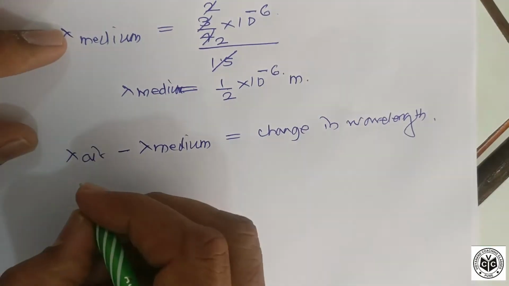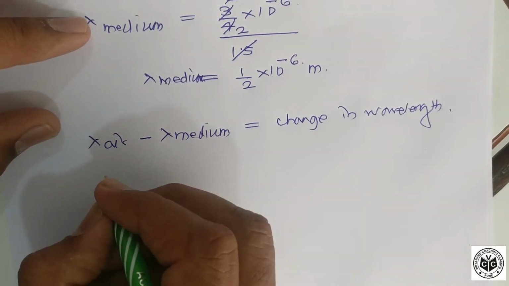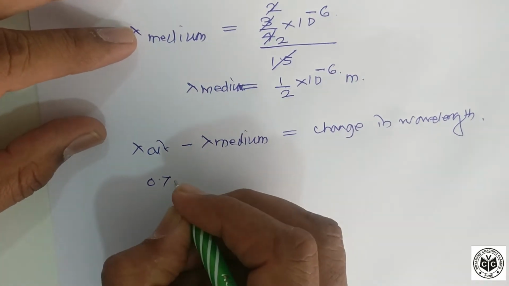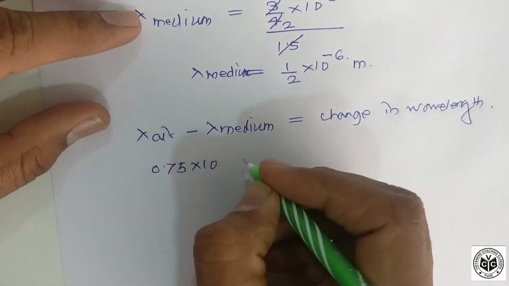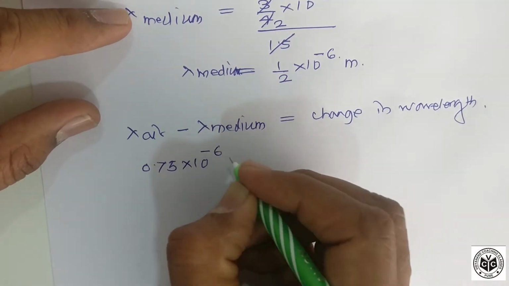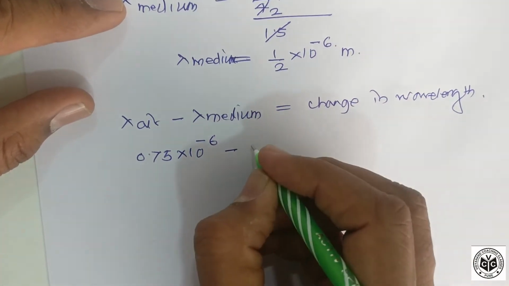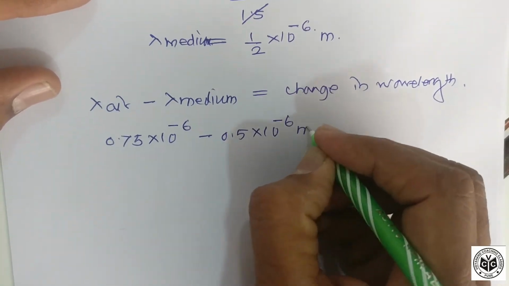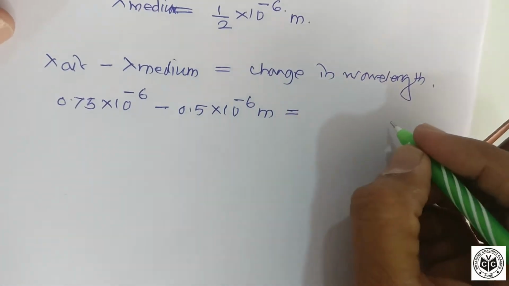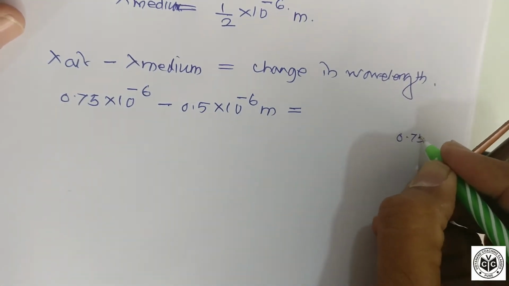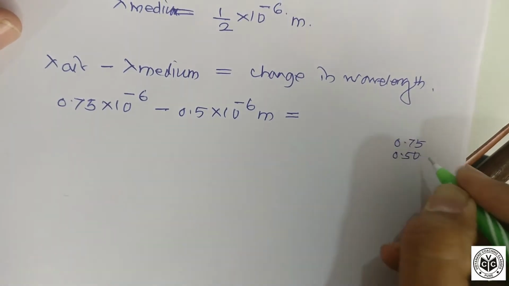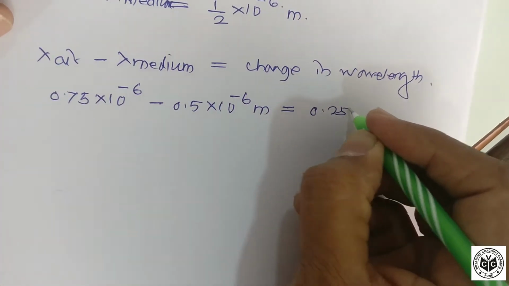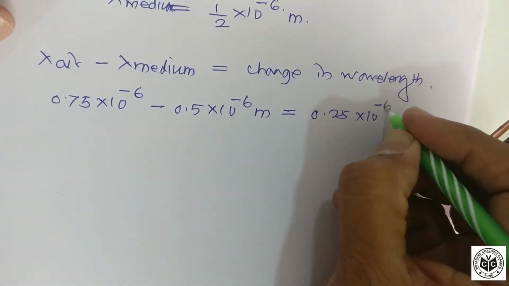So it is 3 by 4, that we will write as 0.75 into 10 raised to minus 6, minus half, we will write it as 0.5 into 10 raised to minus 6 meter, which is equal to 0.75 minus 0.50, that is 0.25. So it is 0.25 into 10 raised to minus 6 meter.